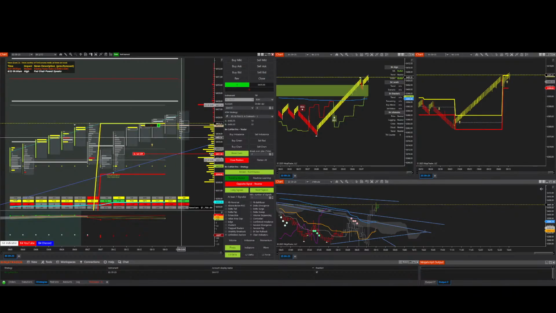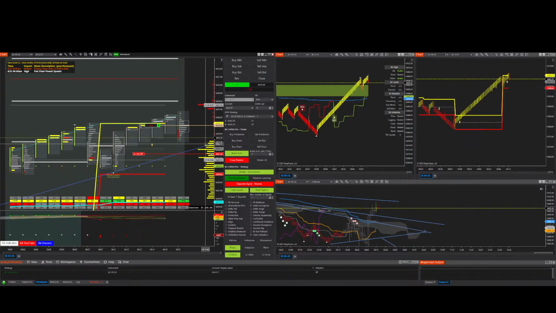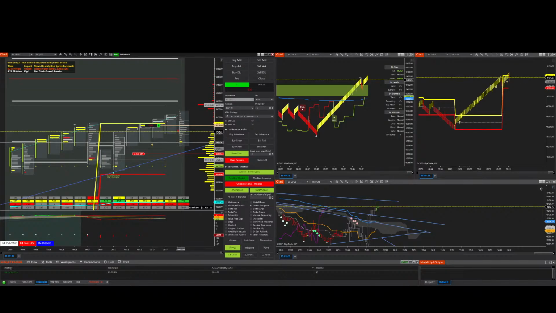Buyer stepped in right there. Got a buyer right there in this area.